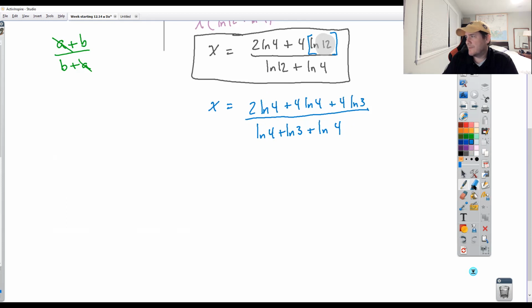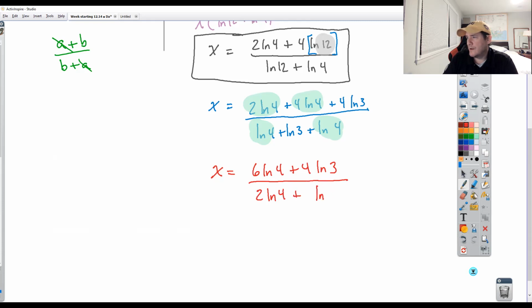So again, you've got a bunch of ln of 4's that can be combined. Those will combine, those will combine, those will combine. So that is a simplification, not a great one, but it does make the argument smaller. So we now have 6 ln 4 plus 4 ln 3 all over 2 ln 4 plus 1 ln 3.